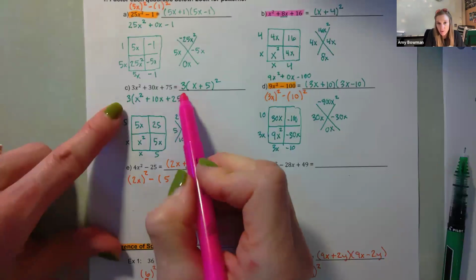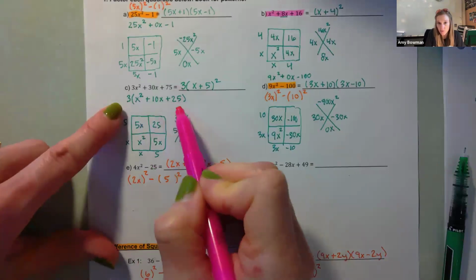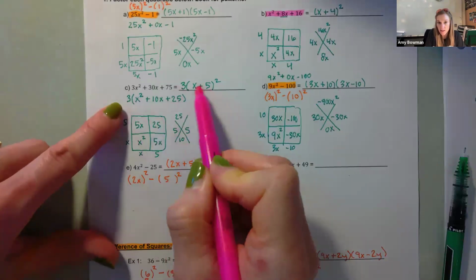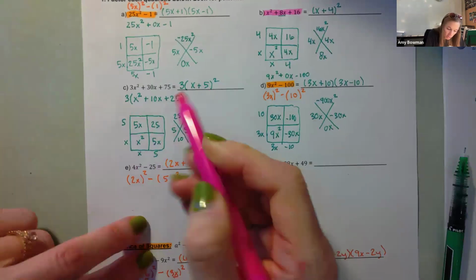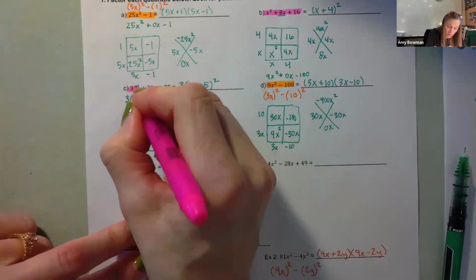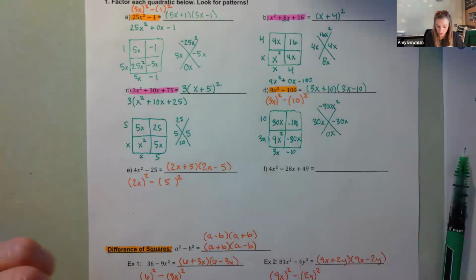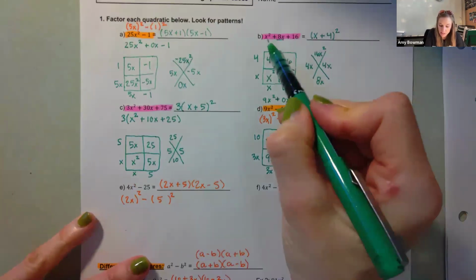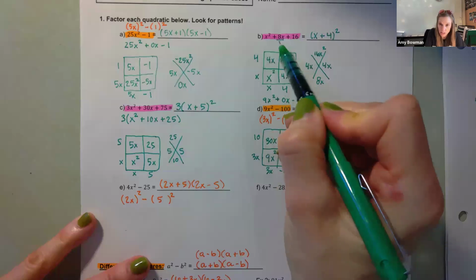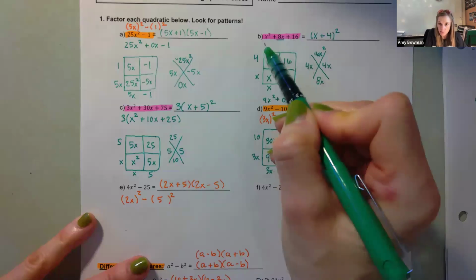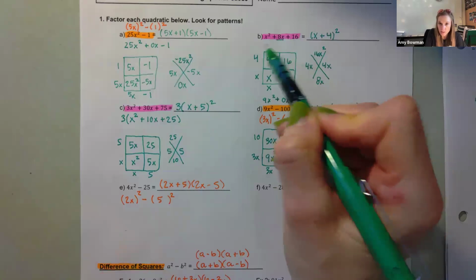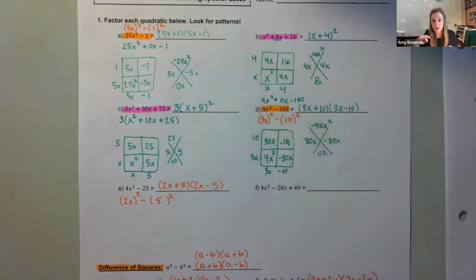The 3 had to come out, but after that it was also a perfect square trinomial, x plus 5 times x plus 5. It's called a perfect square trinomial. Trinomial just means 3 terms. So there are 3 terms in each of these quadratics, 1, 2, 3. So a 3-term perfect square. That's why it's called perfect square trinomial.